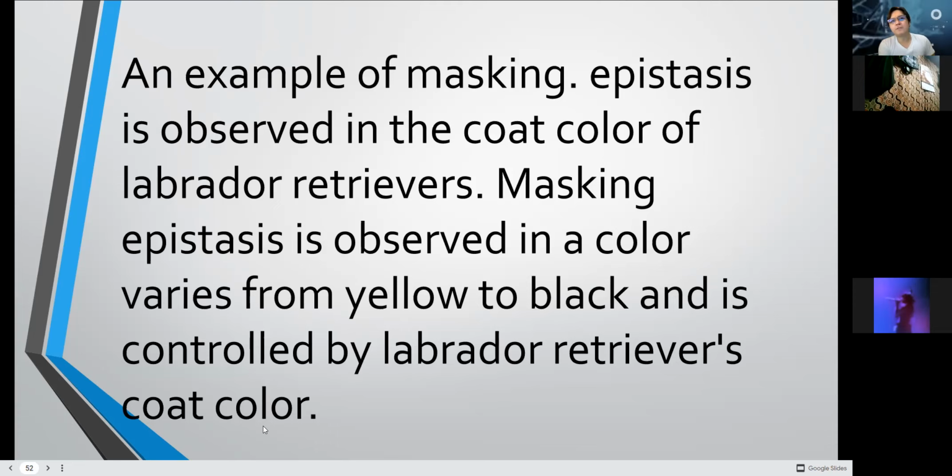We cannot really identify the progeny of a dog even if it is a purebred. Say we have a mate between a black Labrador and a yellow Labrador, but the progeny is a white Labrador. How would that be possible? This is because of the masking epistasis. That is the reason behind.